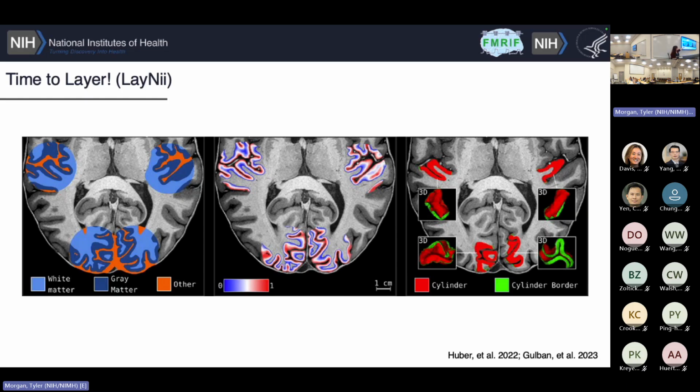And as long as you yourself can label them as different types of tissues, you can then use their algorithms to turn the gray matter in this particular case into different cortical layers. And you can even create 3D models of the gray matter in each of your areas in order to better understand their relationship to veins or anything like that.